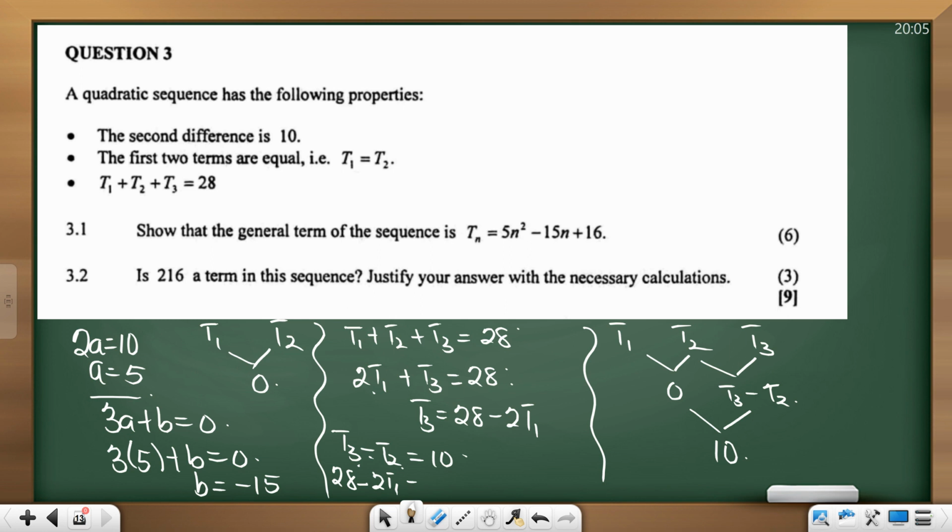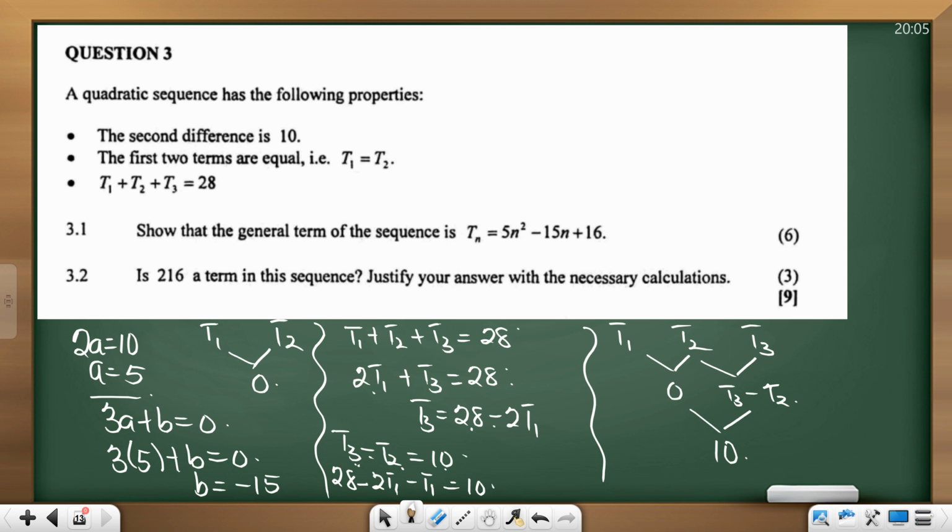Are you okay with T3 minus T2 is 10? What is T3? 28 minus 2T1. Fine. All right. Now, what is T2 itself? That is equal to T1. Make sense now? All right.